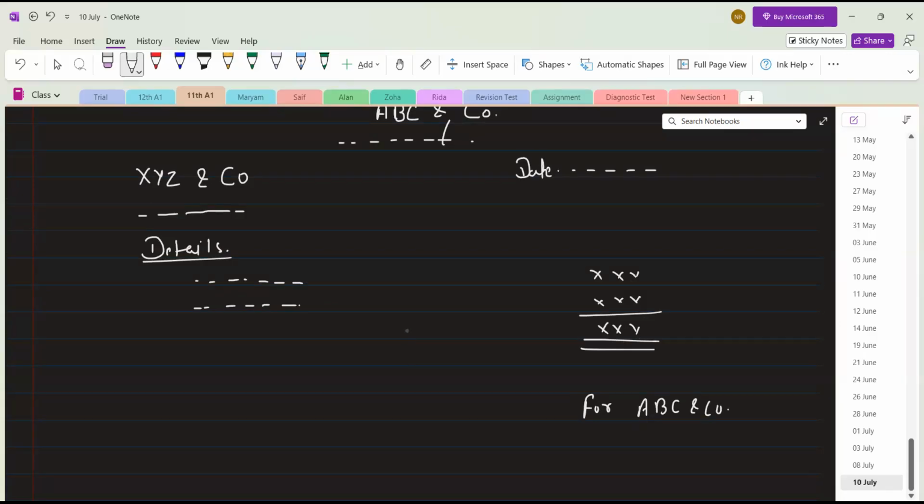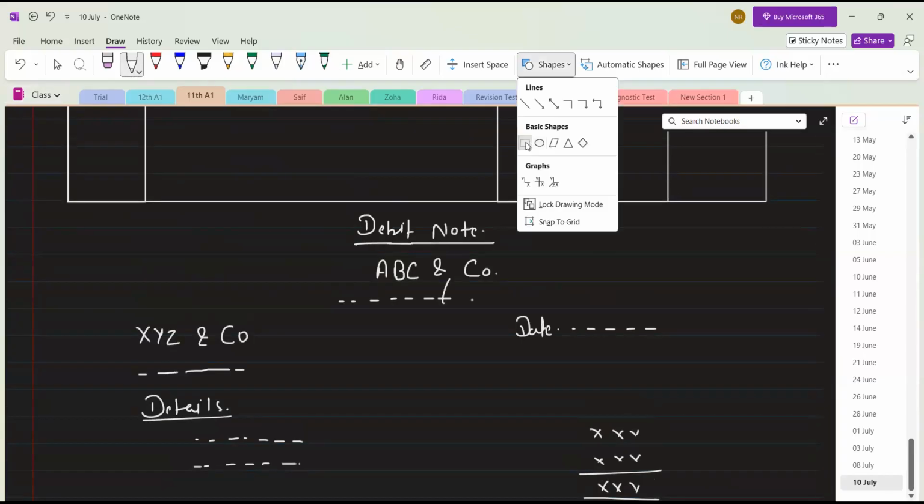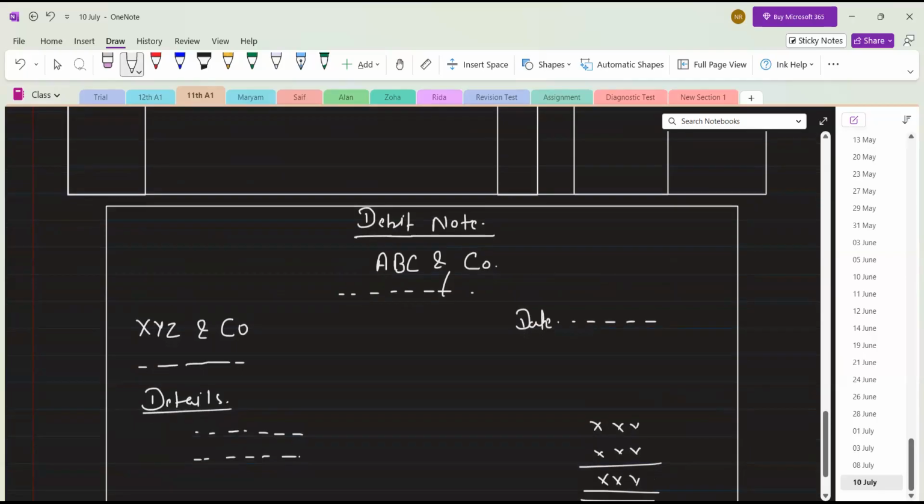This amount is here. And if you need a receiver signature, if you're issuing it to XYZ company, then the signature of any person of XYZ company. So here is the format of the debit note.